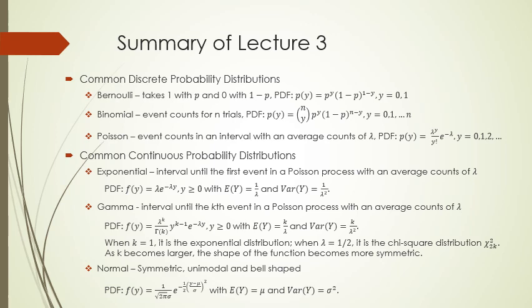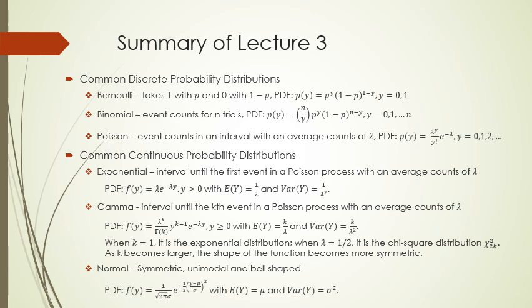When k is equal to 1, the gamma distribution becomes the exponential distribution. When lambda is 1 over 2, it becomes the chi-square distribution with 2k degrees of freedom. As k becomes larger, the shape of the function becomes more symmetric and will converge to a normal distribution.